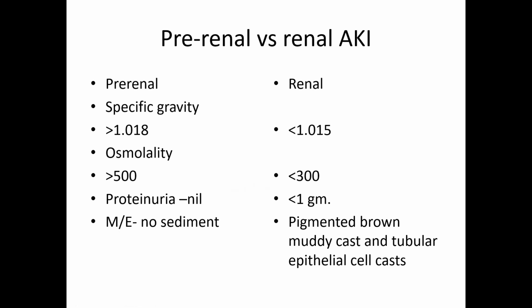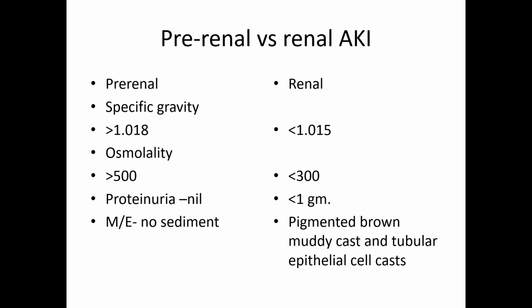In renal AKI, they can have proteinuria, but usually it is in a tubular range, less than 1 gram. In pre-renal AKI, the microscopic examination is almost normal, but sometimes you may see some hyaline casts. But in renal AKI, particularly those patients with acute tubular necrosis, you can see brown muddy casts or tubular epithelial cell casts.